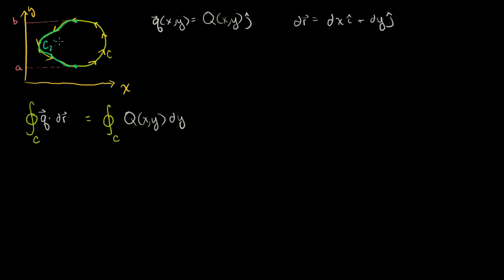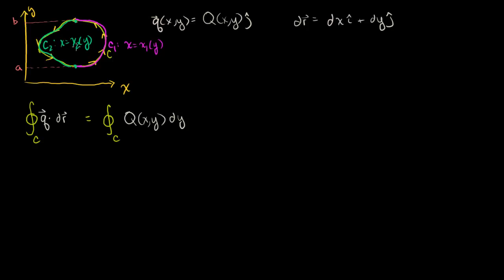We could say x is equal to x2 of y. That's that path. And then the first path, it doesn't have to be the first path, depending where you start, you can start anywhere. Let's say this one in magenta. We'll call that path 1. And we could say that that's defined as x is equal to x1 of y.